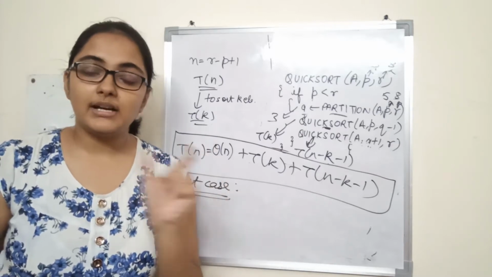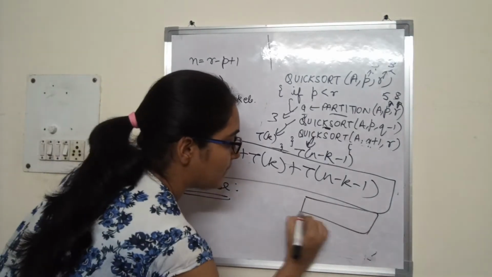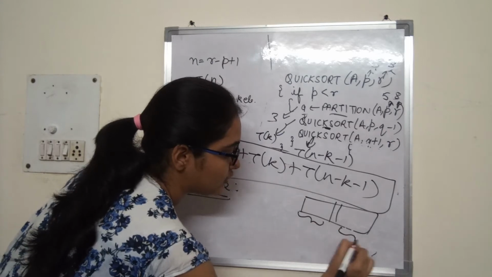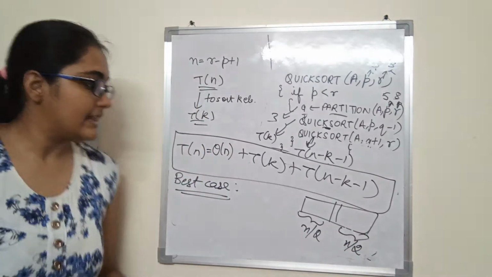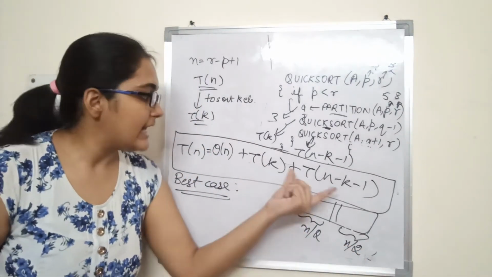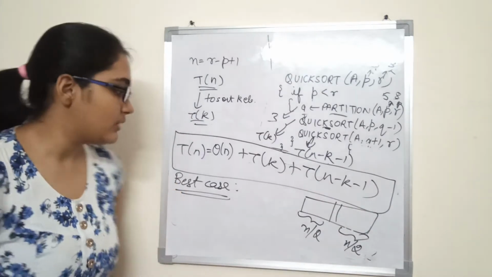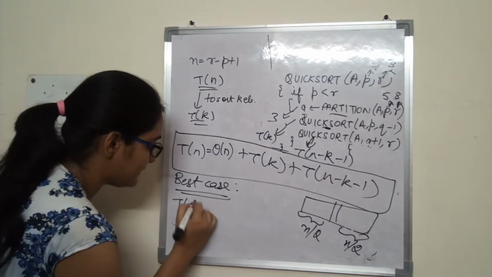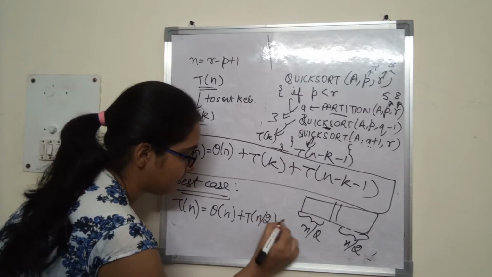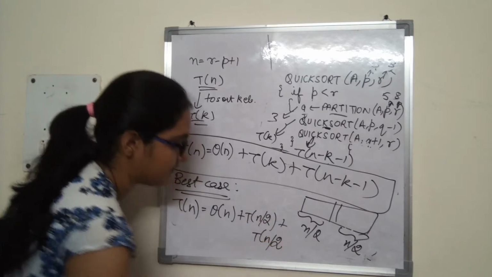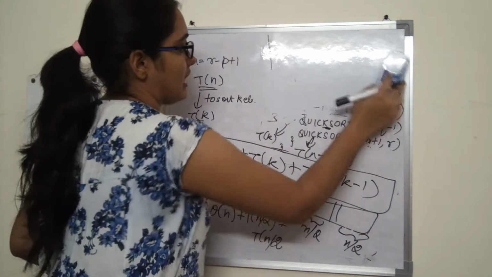In that case, k becomes n by 2 and n minus k minus 1 is also nearly n by 2. So T of n becomes theta of n plus T of n by 2 plus T of n by 2.